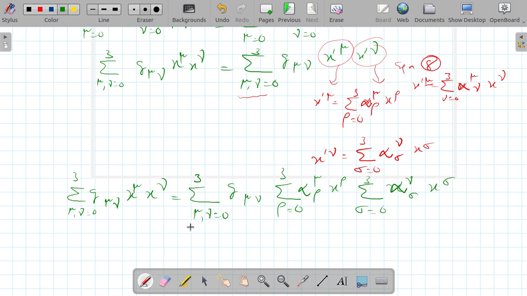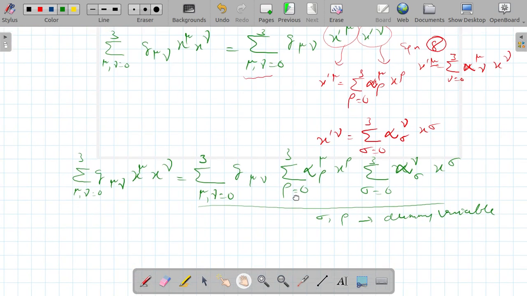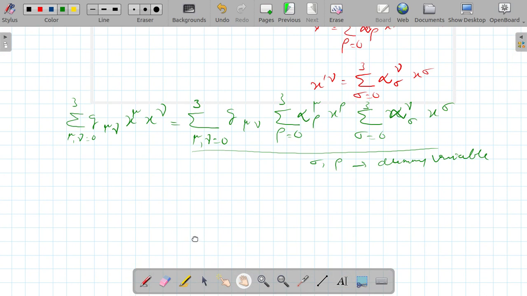Now these sigma and rho are dummy variables. So what we can do is replace mu by rho and nu by sigma.